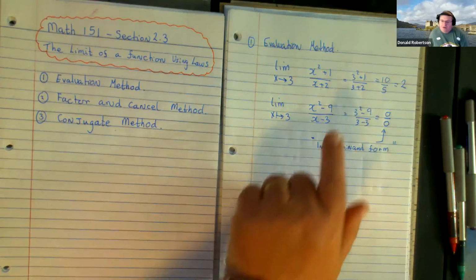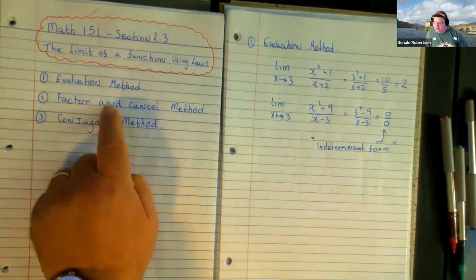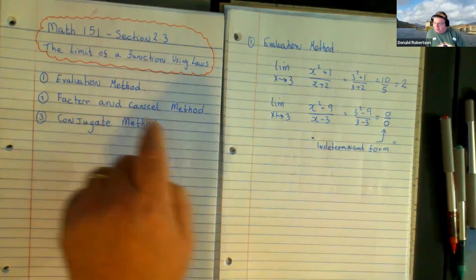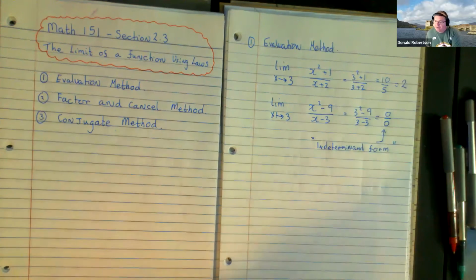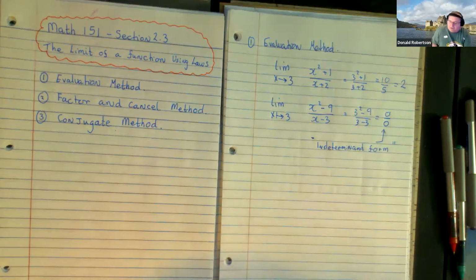And it's because the evaluation method doesn't work all the time that we need the other two. See, if you could just plug the number in and get an answer, wouldn't that be what we do every single time? But we can't. So we have to figure out a new, different way of solving questions where you've got an indeterminate form.